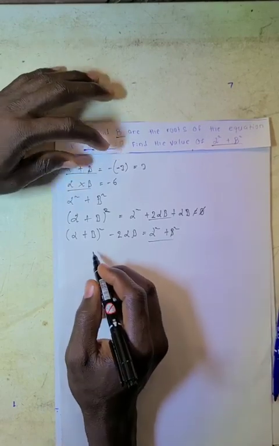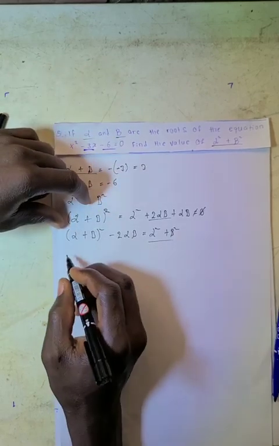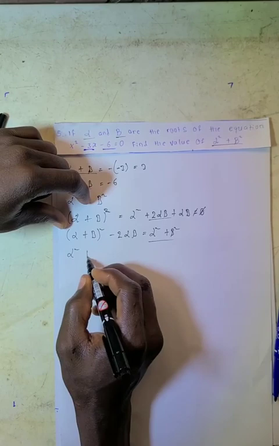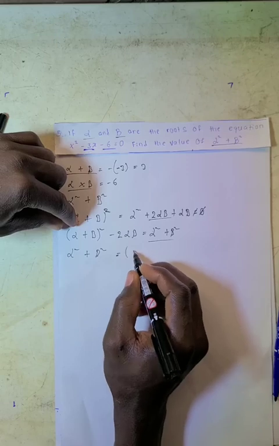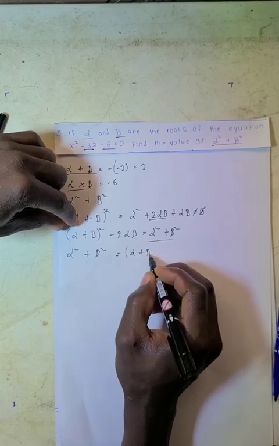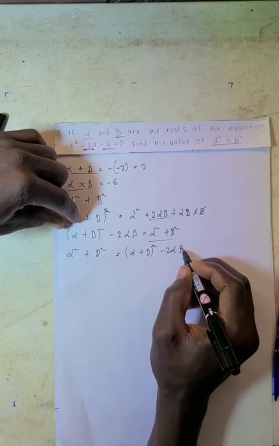Now let's flip the equation first. Alpha squared plus beta squared is equal to (alpha plus beta) squared minus 2 alpha beta.